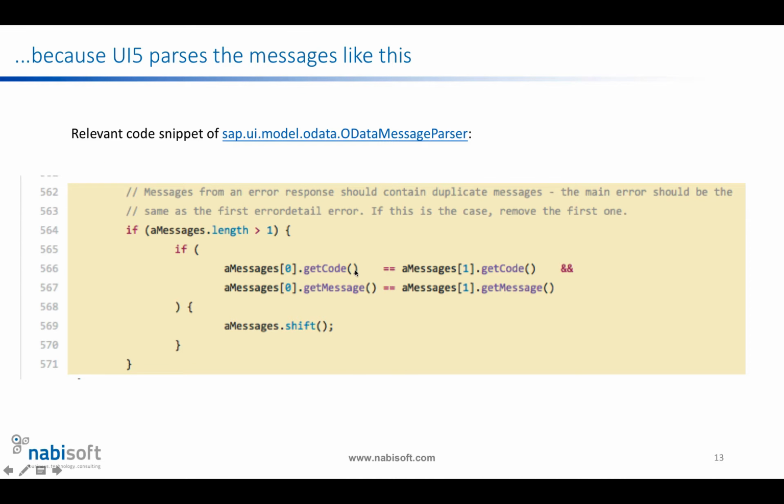If the code of the first message is equal to the code of the second message, and the message text itself is also equal, in that case UI5 decides to get rid of the message. That's great, because that makes sure not to display duplicated messages.